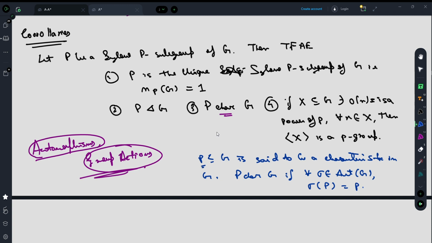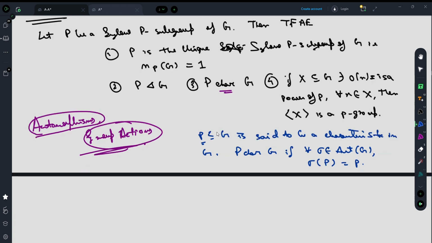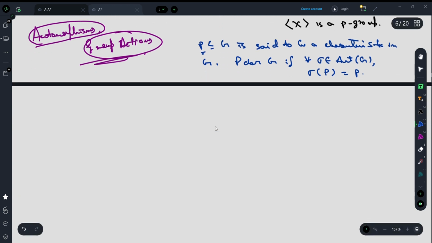P is an arbitrary subgroup of G. So it's said to be characteristic in G if every automorphism on G fixes P, right? We had certain observations related to this concept of characteristic. Let me quickly speak of them because we will require them in the proof.